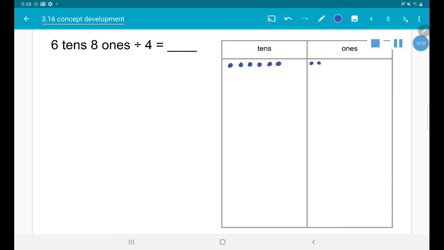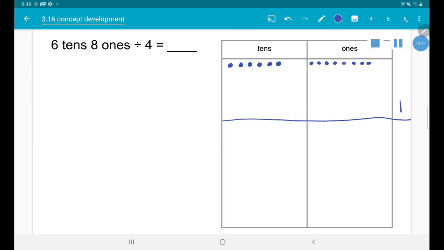Do you want us to go ahead and separate them? No, just 8 ones. We've got 68, 6 10s. Amy, I want you to wait on me, please. All right, so we had 6 10s, 8 1s, and we're dividing that into 4 groups.